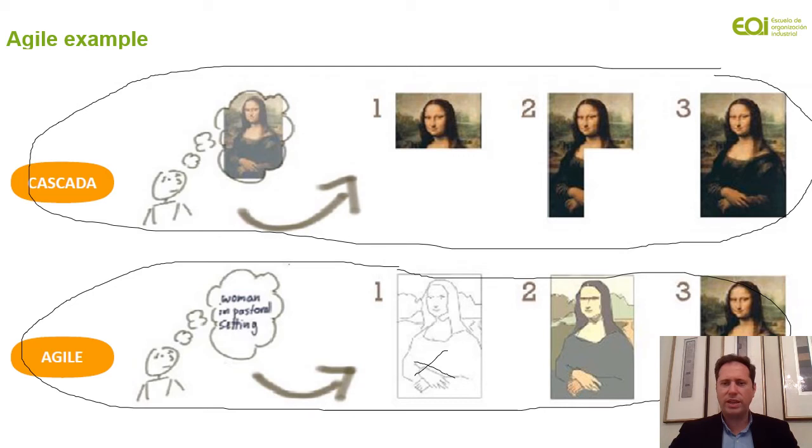Once the customer agrees, then you go into a better option, derived from the minimum viable product, and you go step by step toward the final product, always interacting in sprints with your final customer.